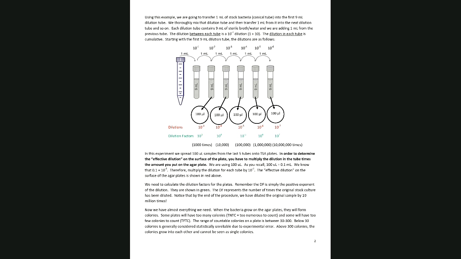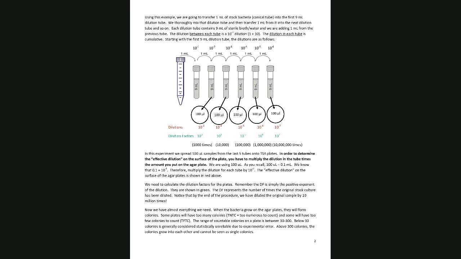And that doesn't tell you anything. What we want to try and figure out is what is the concentration of cells per milliliter in this original sample. And so the way we're going to do that is with a serial dilution, and then we're going to spread samples onto the surface of agar plates and hopefully obtain isolated colonies that we can count.